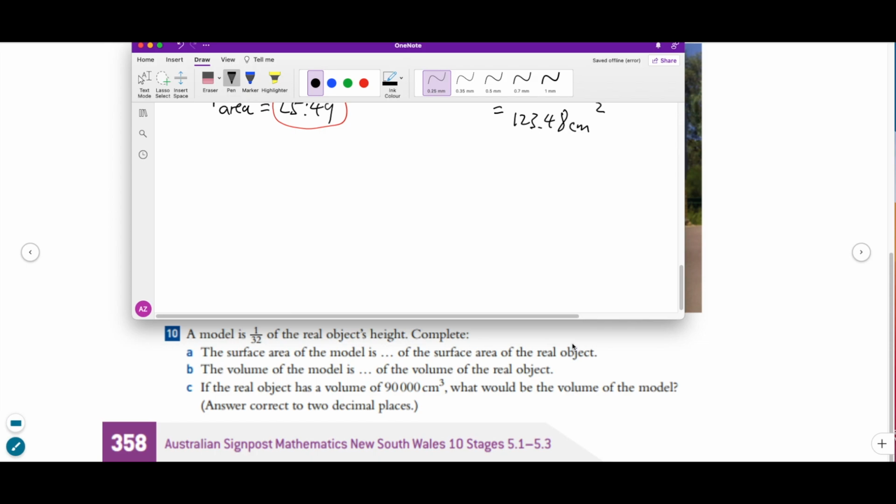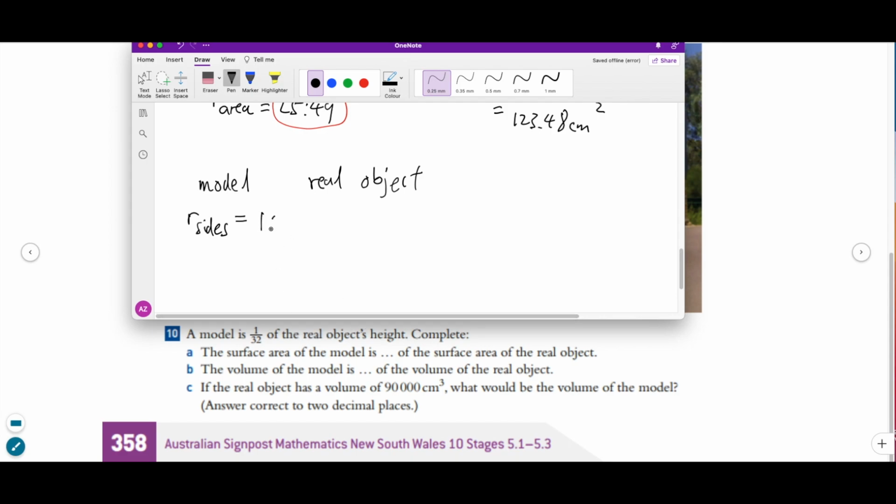Okay, alright. So then, basically what you can just do is this. You can just say a model and then real object. So it says the model is 1/32nd of the real object's height. So that means the ratio of the sides should be what? So say if the side length of the model is 1, what should the side length of the real object be?